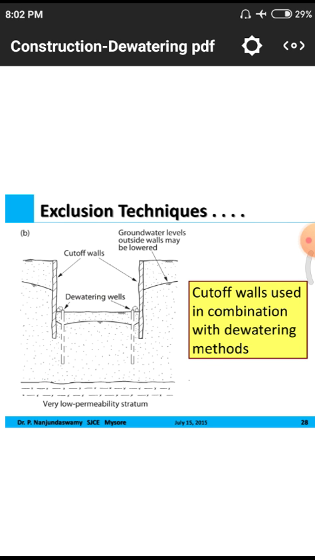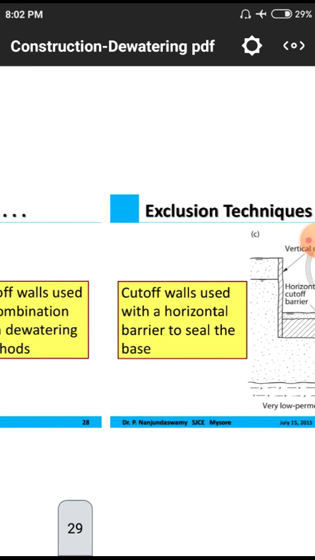Using those wells we remove the water by pipes and machines, that means centrifugal pumps or reciprocating pumps, depending upon the depth of the hole. Centrifugal pumps are used for small heights. Reciprocating pumps are used for large depths.